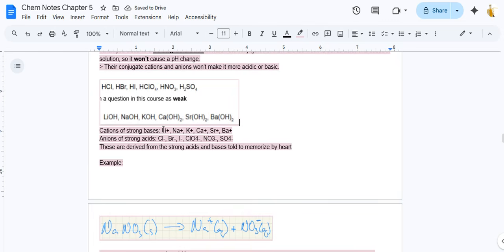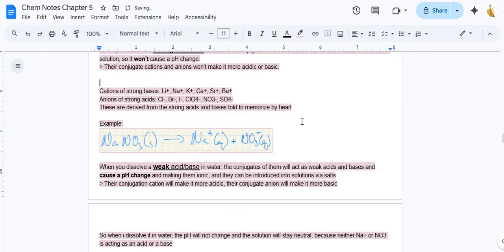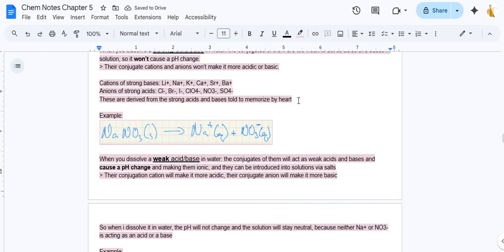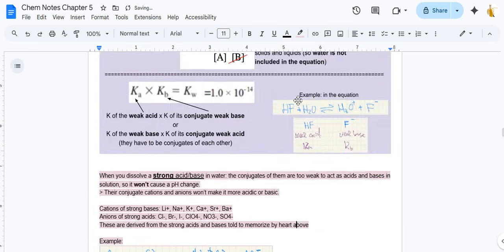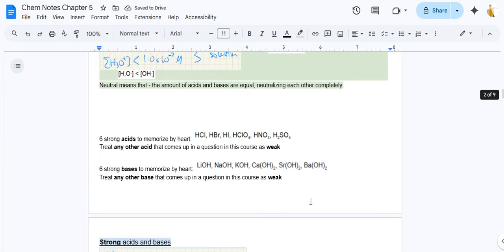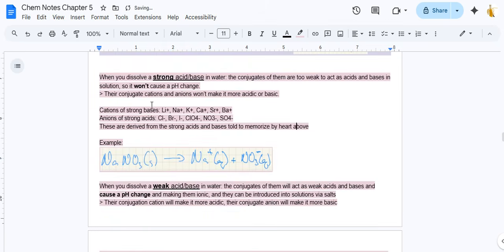These are derived from here. So for the exam, you just need to memorize these 12 things, and then you can derive the cations of strong bases and anions of strong acids from those.